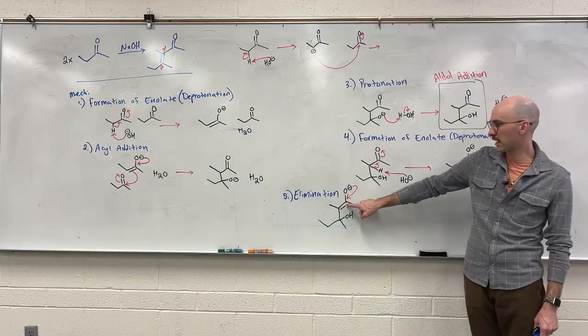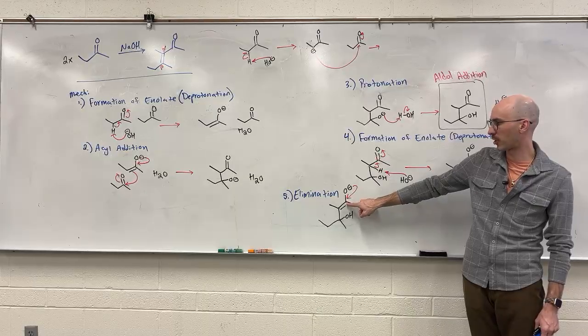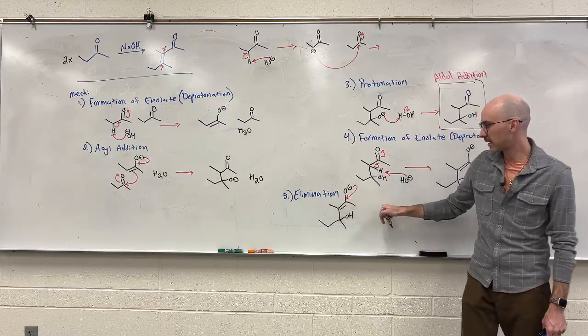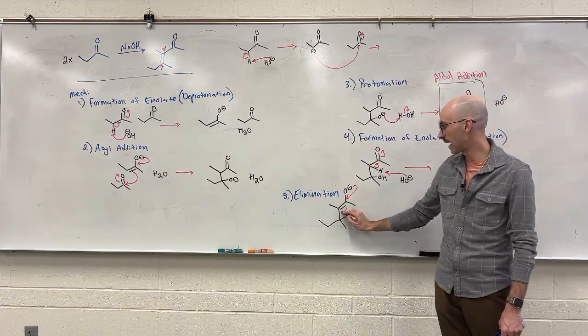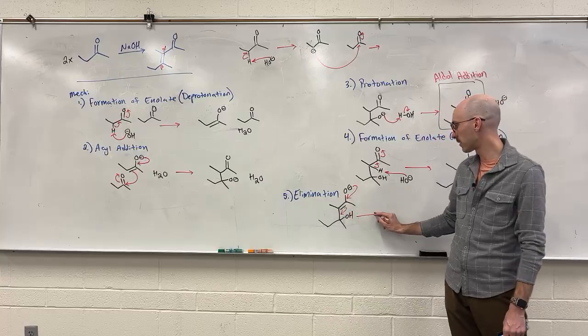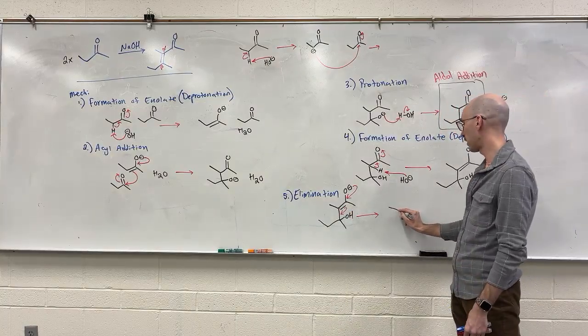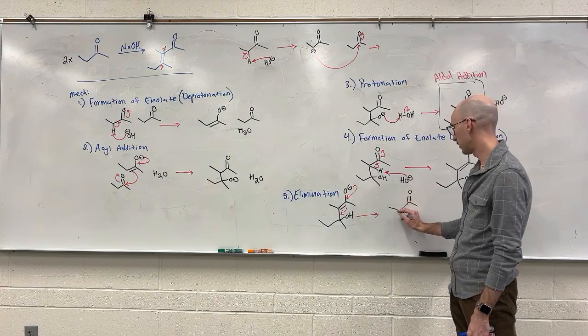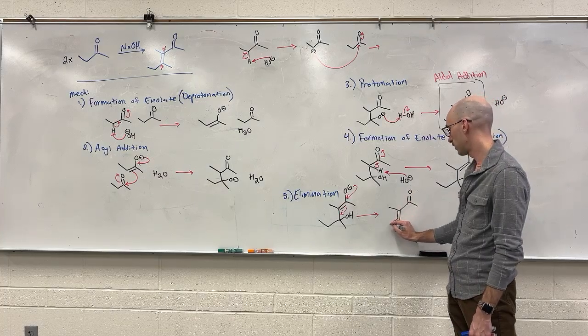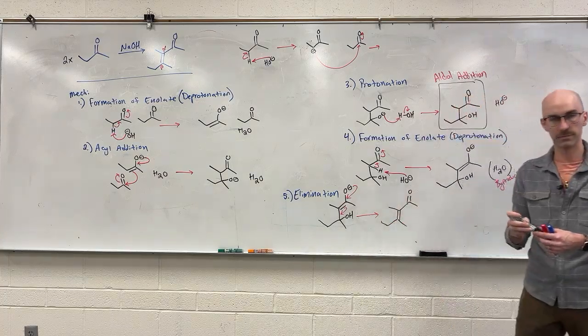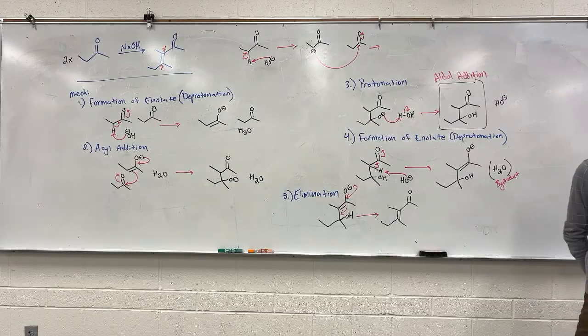That's going to pinch the octet at the carbonyl carbon, so the enolate pi bond moves down between alpha and beta. And now I have an alpha beta unsaturated carbonyl. Nope, what did I miss?